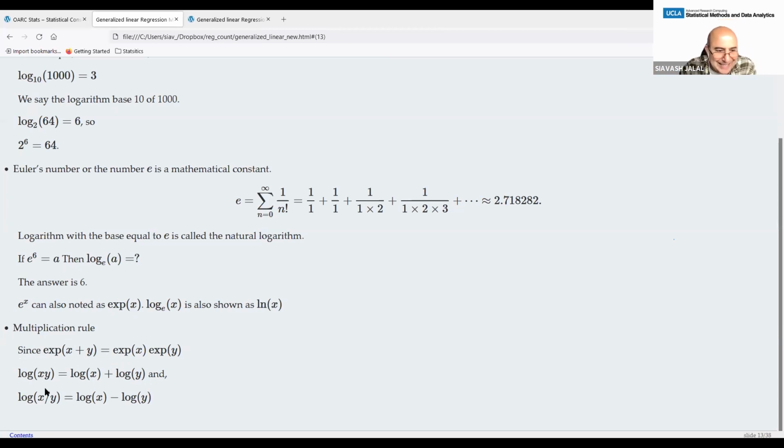Like ln is basically log based on the natural number. So since this is true, then you can write log of x times y equal to log of x plus log of y.